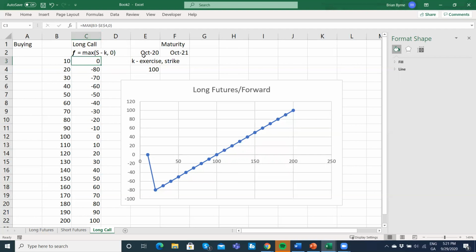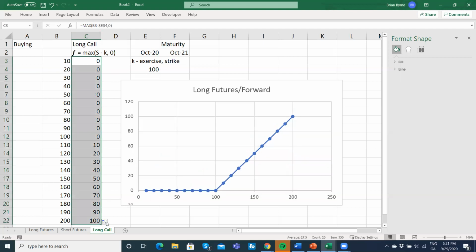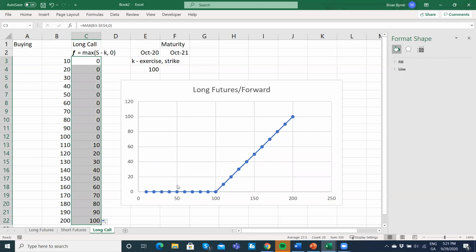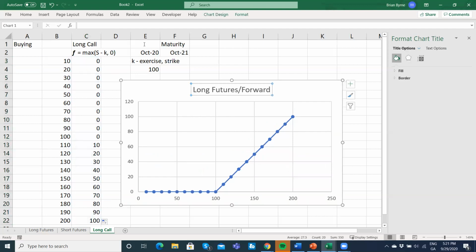And unlike the futures position where you're locked in, you're obliged to adhere to the terms of the contract. With a long call, if it doesn't have a positive NPV, we can walk away. And so the negative region is removed, and as a consequence, then we have a long call position.